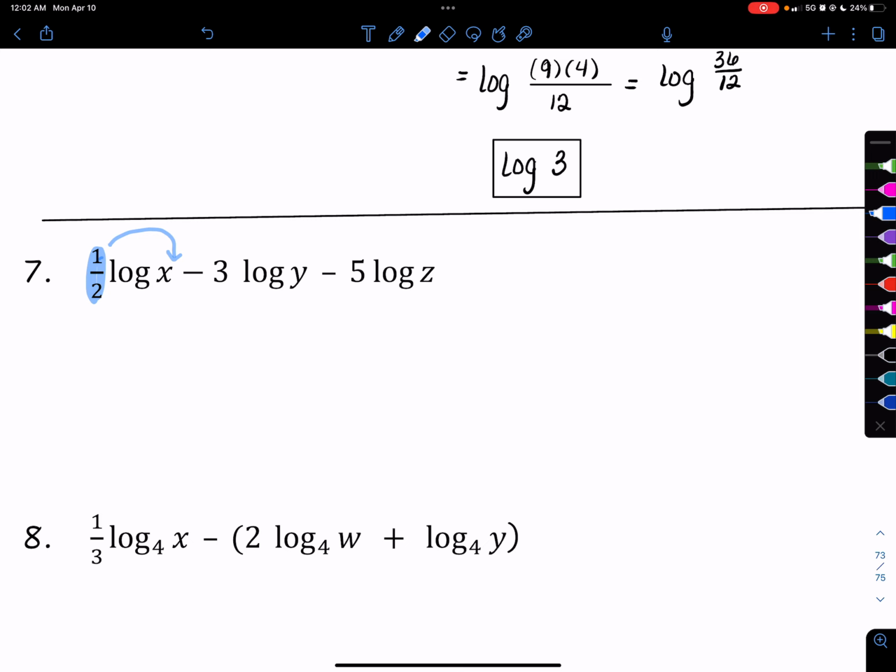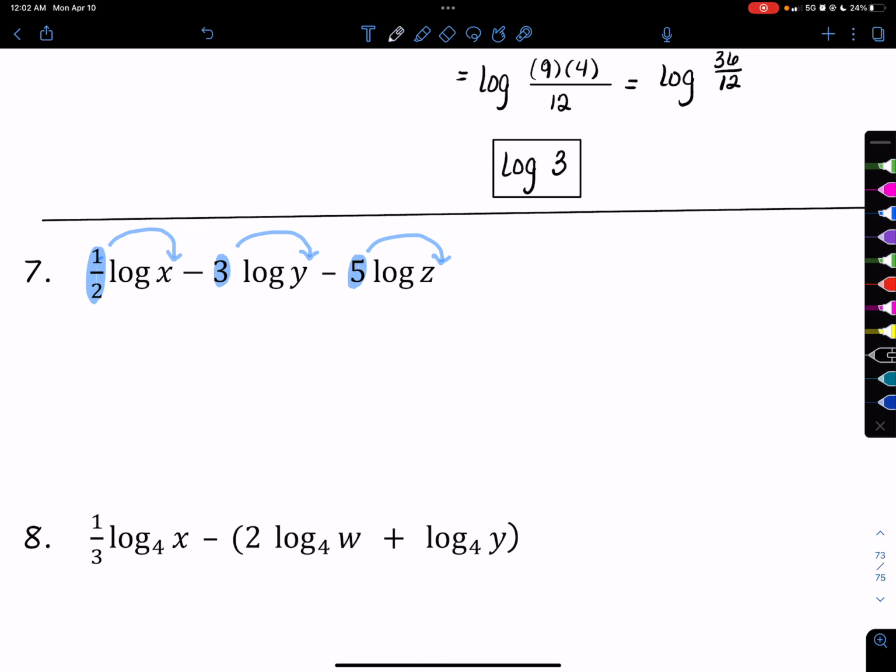Here's the power, so it'll be y to the 3rd power, and it will be z to the 5th power. We don't take the sign, we just take the absolute value because we want our powers to be positive. They can't be negative.